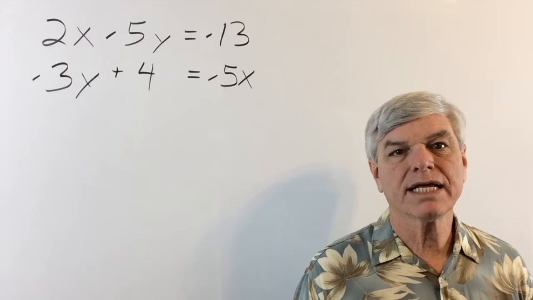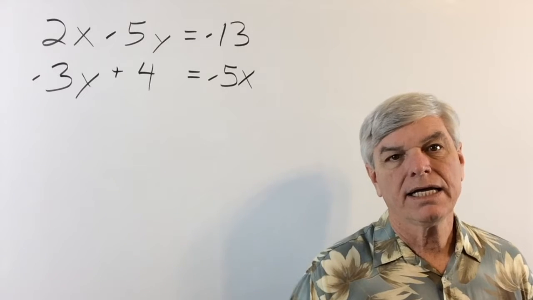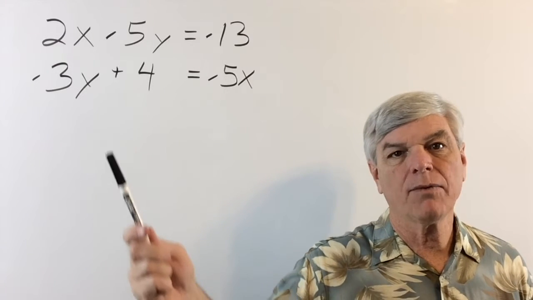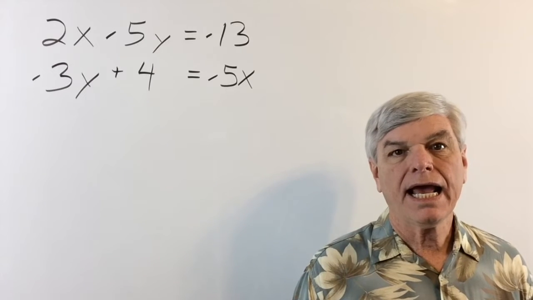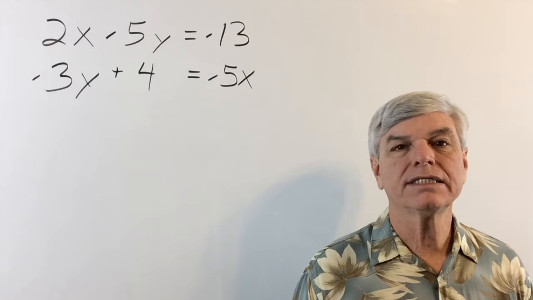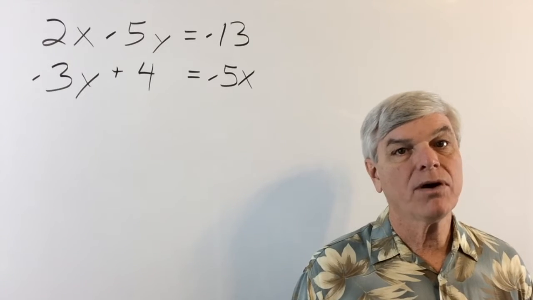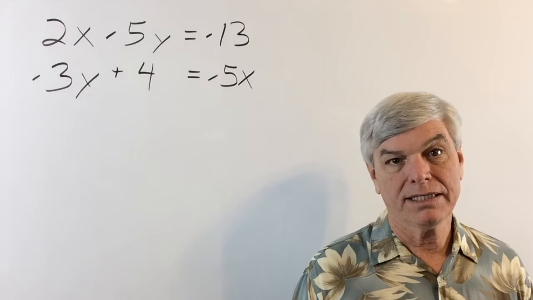Sometimes you'll see problems like this where equation 1 is just fine, x plus y equals units, and now we have y plus units equals x. Can't have that. Now you really want x plus y equals units. You don't have to, but one thing you do have to have is everything lined up.